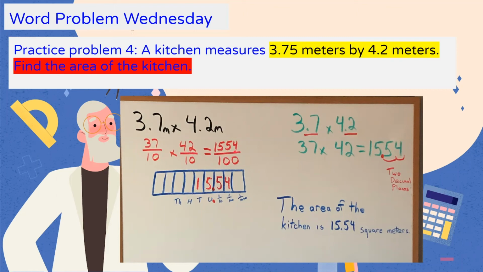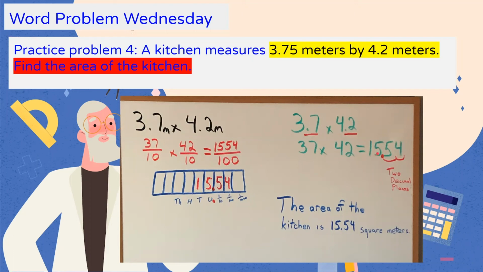What do I do? I move my 4 to the 100th place. There goes the 5 into the tenths. This first 5 goes into our ones, and then this 1 here will wind up in the tens place. So we wind up with 15.54 as our solution when we use the fraction method. Let's try my shortcut method. 3.7 becomes 37, and 4.2 is going to be multiplied, 37 times 42.